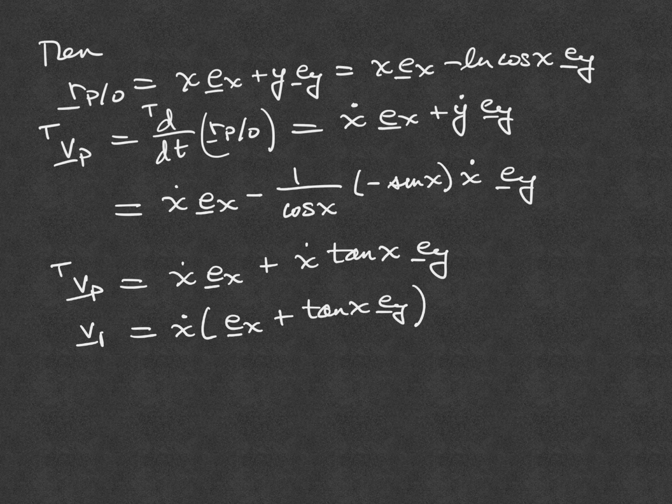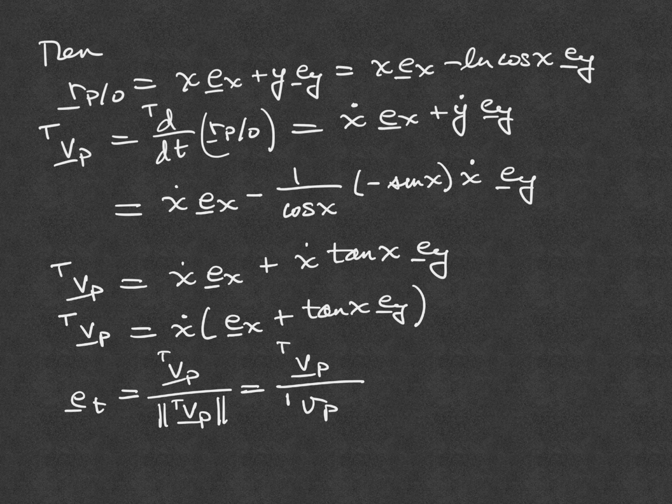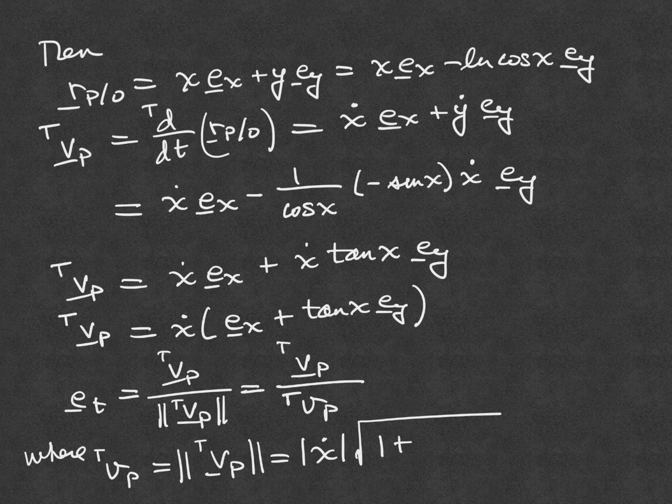And now I actually have a way of computing the speed fairly quickly, because I know the tangent vector is equal to the velocity divided by its magnitude, which is the velocity divided by the speed. The speed relative to the track is equal to the magnitude of the velocity, which is equal to the absolute value of x dot times the square root of 1 plus tangent squared x.